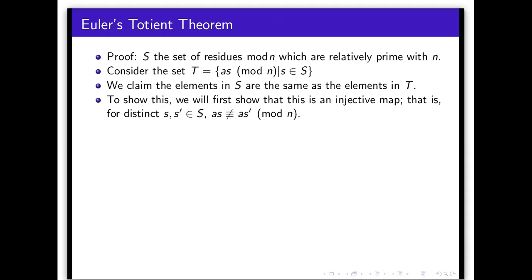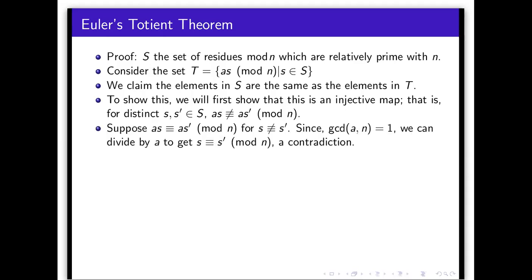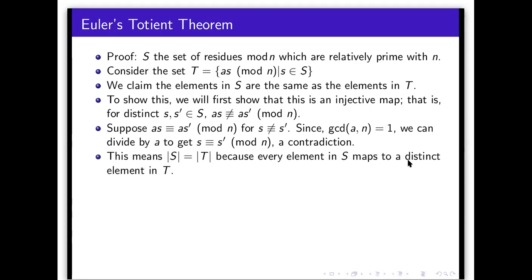So all the elements of S are mapped into distinct elements in T. To show this, we can use contradiction. Suppose that a s equals a s prime for s not equal to s prime. Since the GCD of a and n is 1, we can just divide this modular congruence by a, and we get s equals s prime mod n, which is a contradiction. So all of the elements of S are mapped to different elements in T.